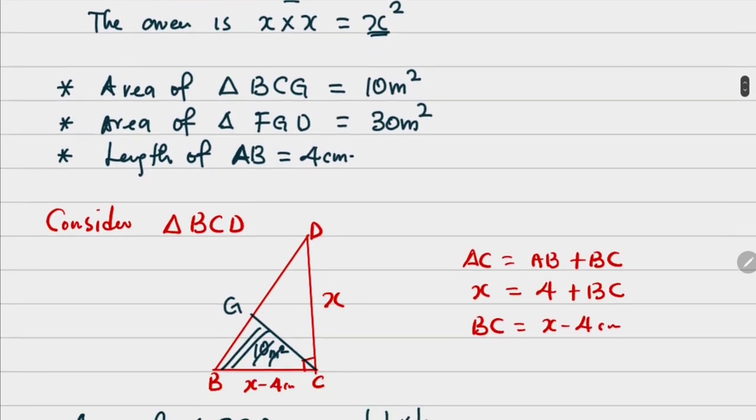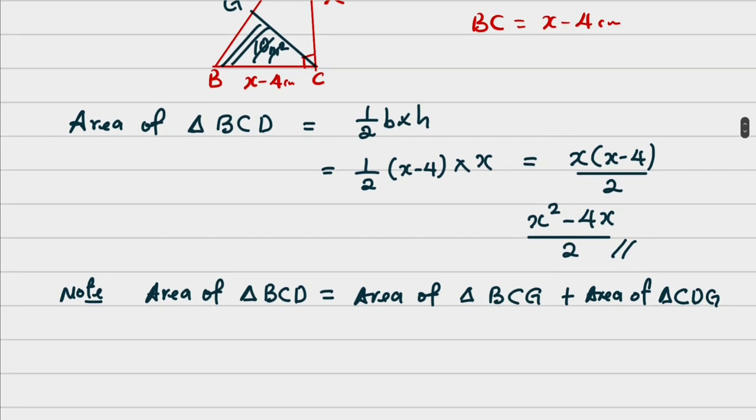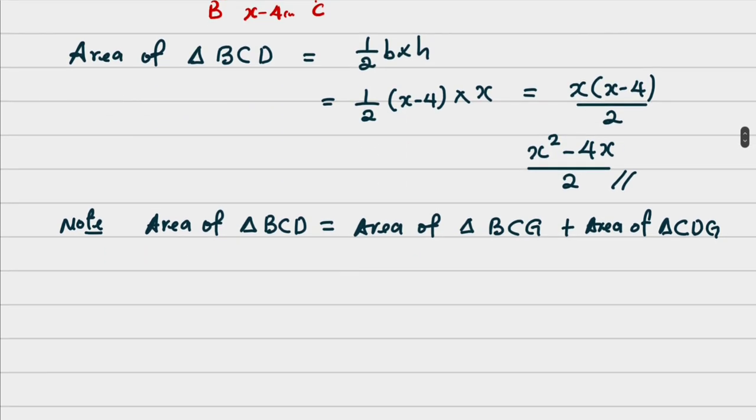Okay, so we'll come down to this place. We'll say, all right, area of BCD, which is x squared minus 4x over 2, is equal to area of BCG, which we said is 10 meters squared, plus the area of CDG, which is y meters squared.